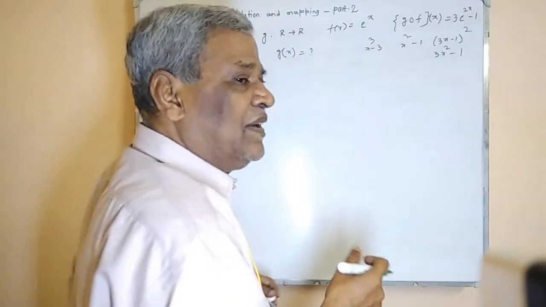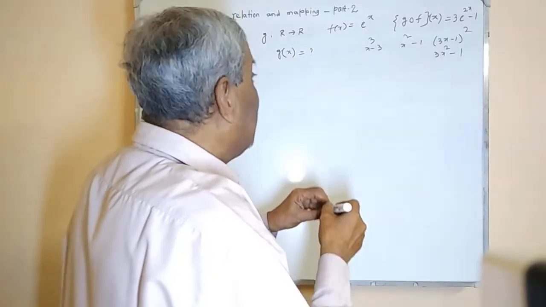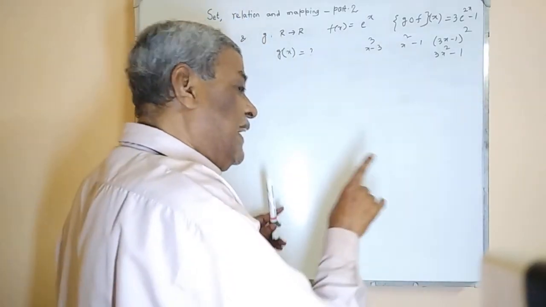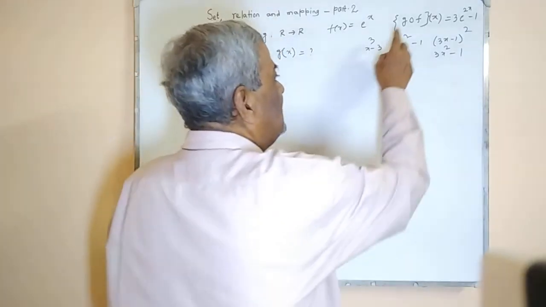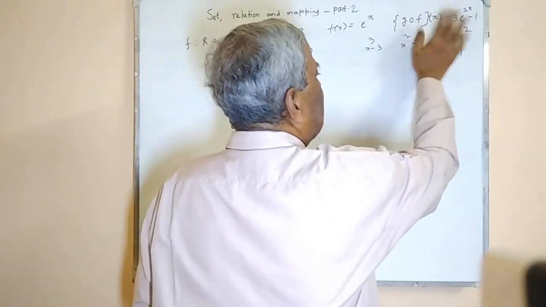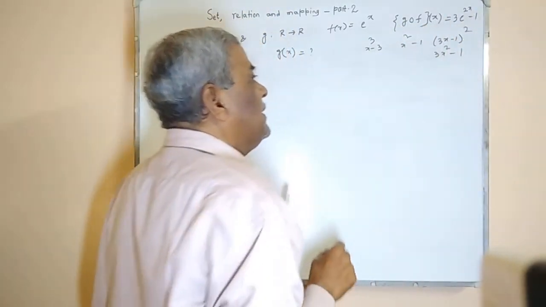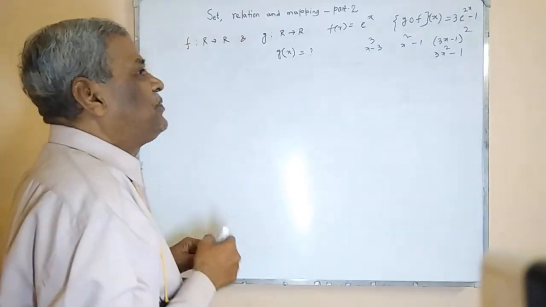Somewhat it is a reverse type problem. f(x) is given, g(x) is not given, but g composition f of x is given, to calculate g(x).